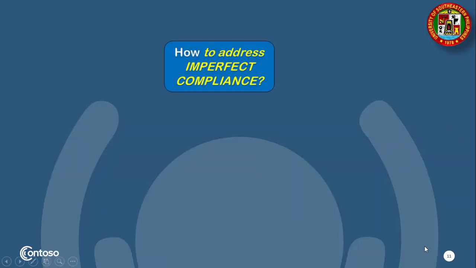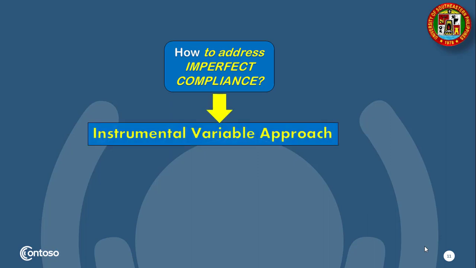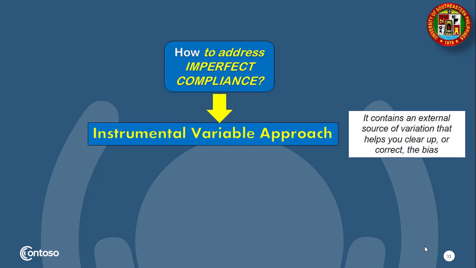Now, how to address imperfect compliance? You can address imperfect compliance by using the instrumental variable approach. Instrumental variable approach contains an external source of variation that helps you clear up or correct the bias.